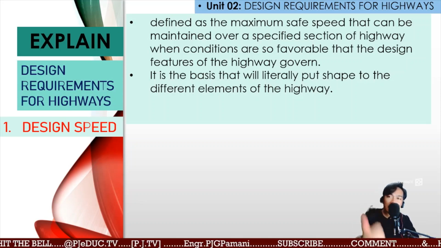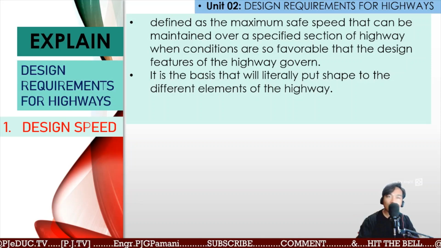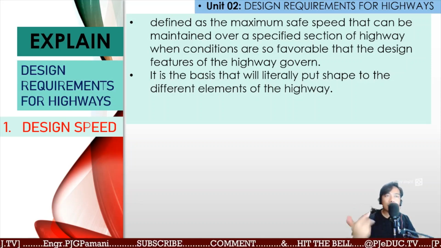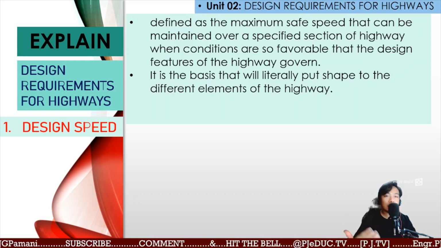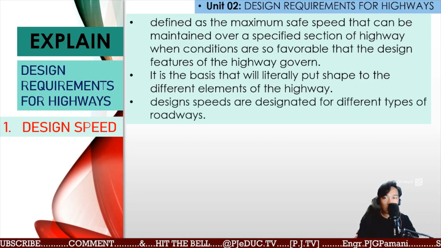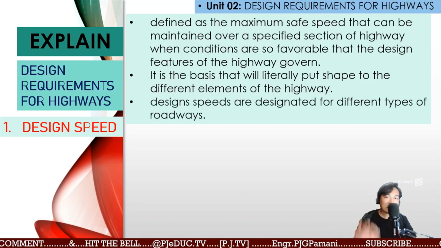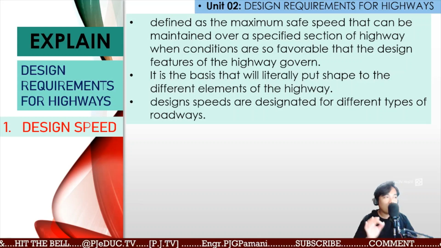That includes the barricades, safety precautions, number of stoplights, number of safety signages, and so forth and so long. Design speeds are designated for different types of roadway.